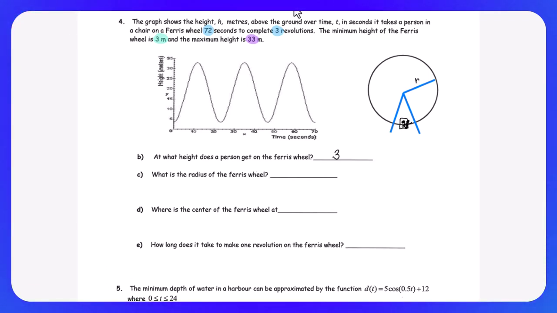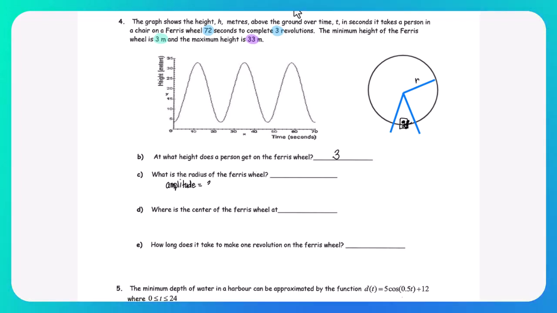So let's go and do a little bit of math. That's what we're here for today. So the amplitude equals the maximum, which is 33, minus the minimum, which is 3, over 2. So we get 30 over 2, which is 15. So what is the radius?